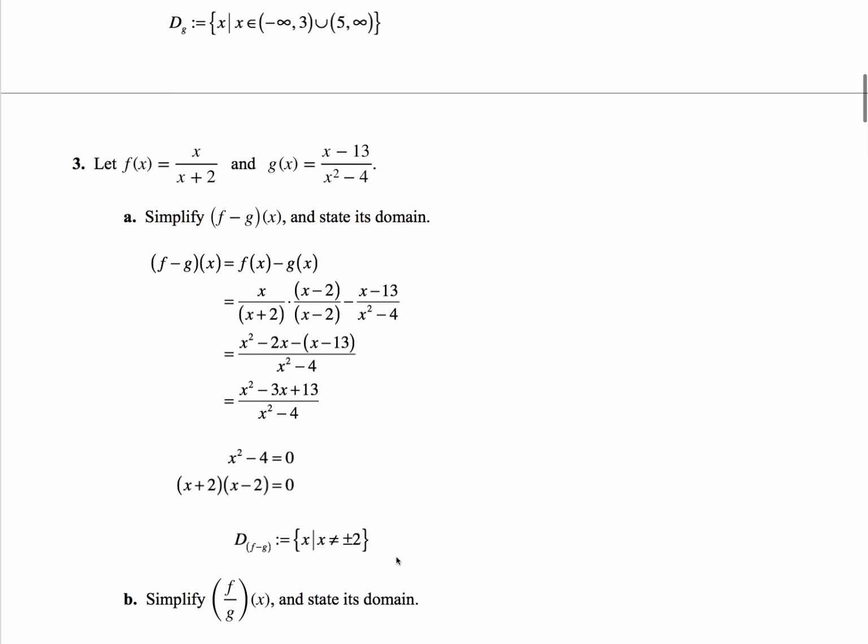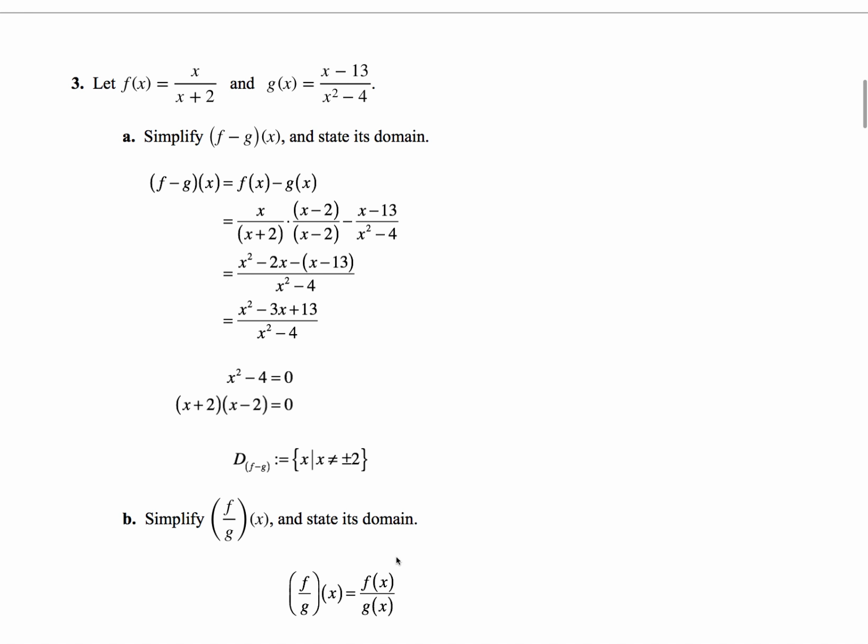Now, in question 3, we have two functions, two rational functions as it turns out, and we are asked to first subtract one from the other and then determine the domain of that function. Well, in order to add or subtract these two, they need a common denominator, and x plus 2 is a factor of x squared minus 4.